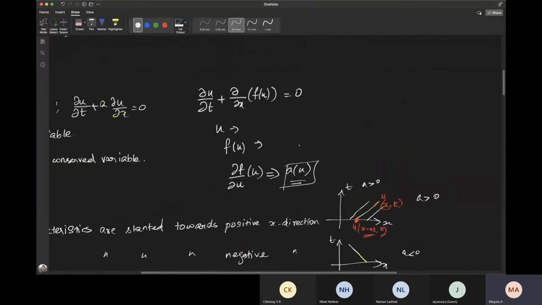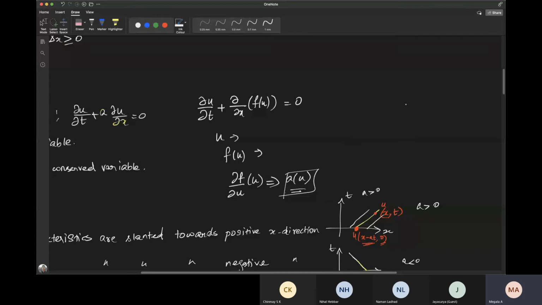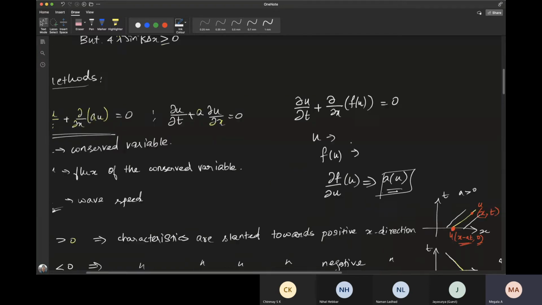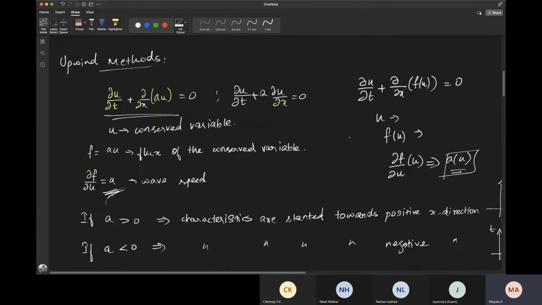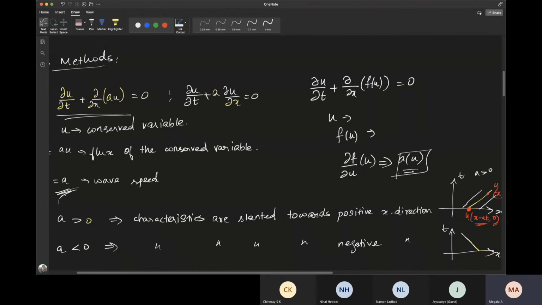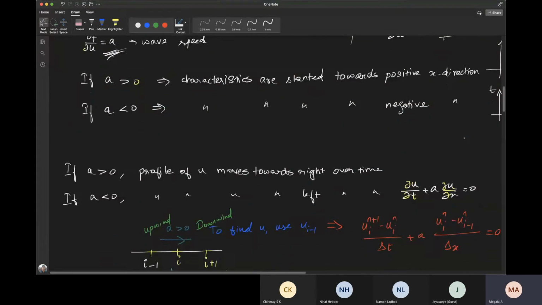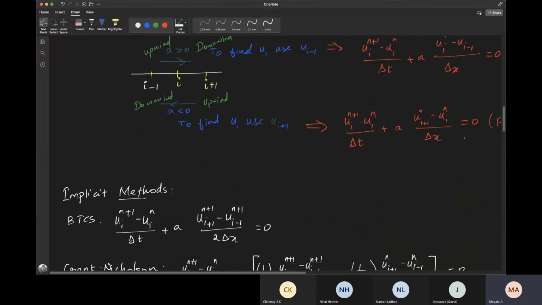But here, since a is a function of u, in some regions you will have positive sign and in other regions negative sign. So in some regions you will have to do FTFS, and in others FTBS, depending on the sign. This is how you do it for a general problem. So this is an upwind scheme.